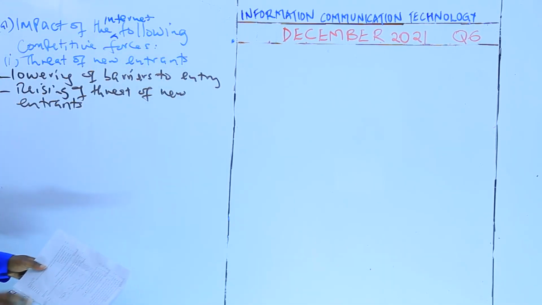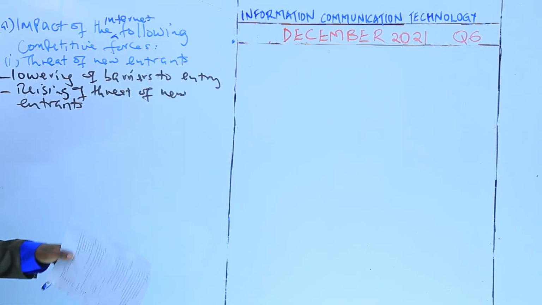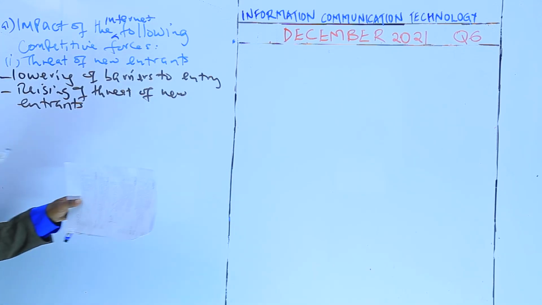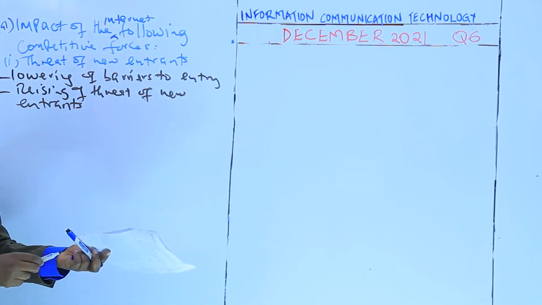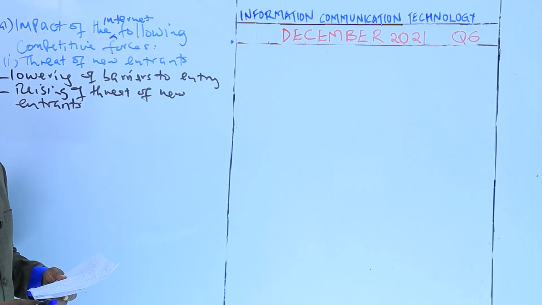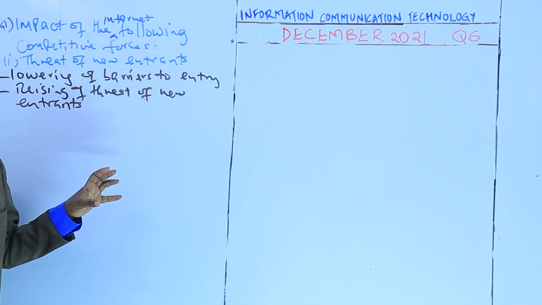So the internet, number one, I've said, has lowered barriers to entry, and I've explained how that lowering has taken place. The existing companies may put in place barriers so that new entrants cannot get into the industry.